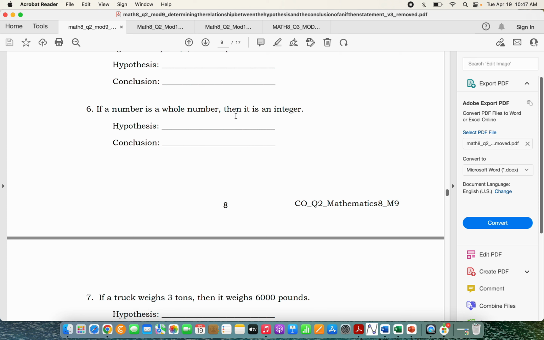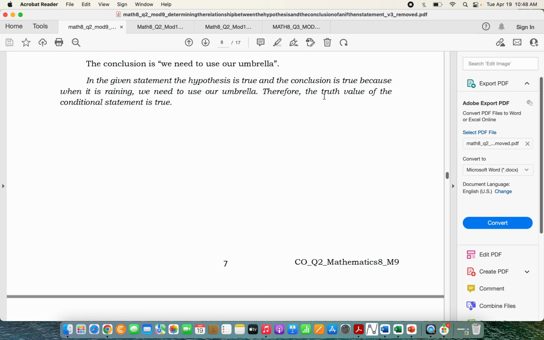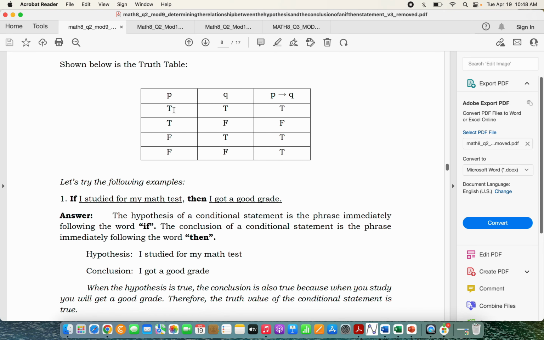When we say integer, meaning it has no fractional part, whole number pa rin siya. So do you think the conclusion is true? True. Therefore, the truth value is what? True. Very good. So ang truth value din niya is true. Andito siya sa table na eto. True, true, and then true.